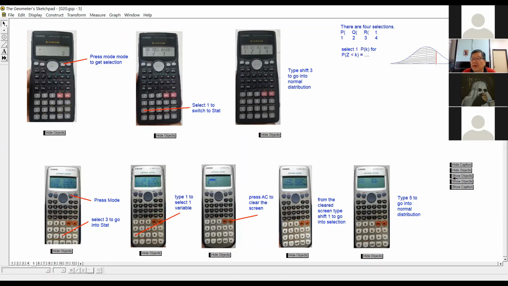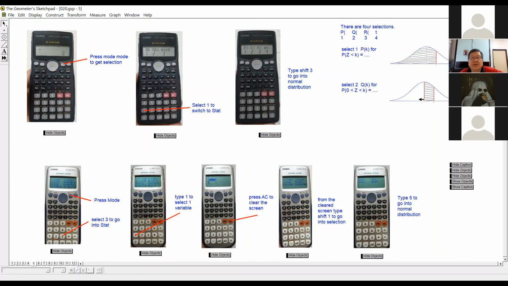If you choose 2, that means you are choosing Q. Q gives you the probability of Z between 0 and the number. This number can be positive or negative. So this is the 0, the mean, the center line, between the center line and the number.